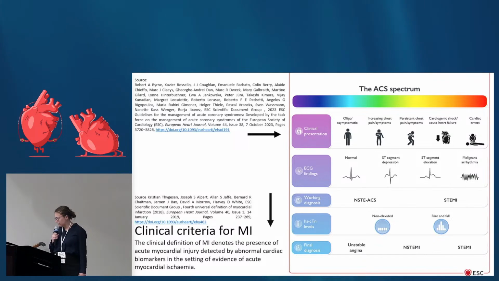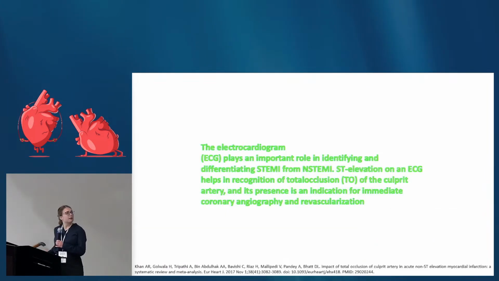We differentiate myocardial infarction into STEMI and NSTEMI. Why is that? Because ST elevation is a very important marker of total occlusion of a coronary artery, in which case the patient should be revascularized ASAP.